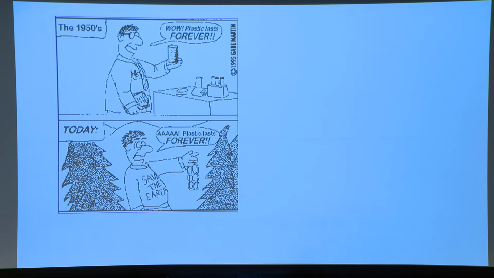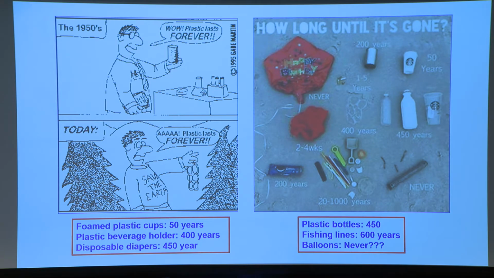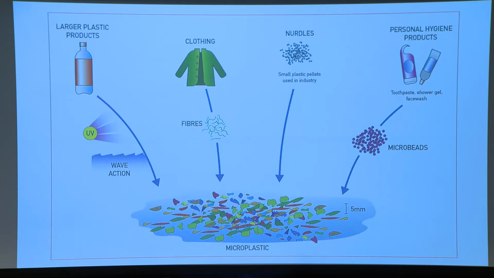The wonder chemical of the 1950s has now become a nuisance for us because it doesn't go away. It degrades very slowly. So the larger plastics, when they are irradiated with UV light and wave action, become small particles called microplastics, of size 5 millimeters or smaller. We also get microplastics from fibers, from nurdles, and from personal hygiene products.